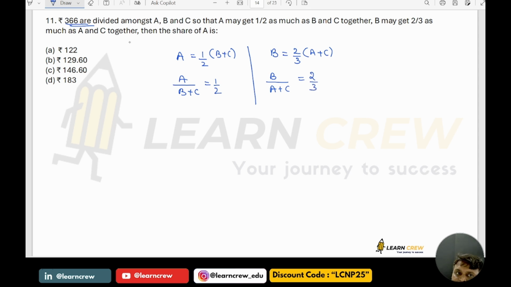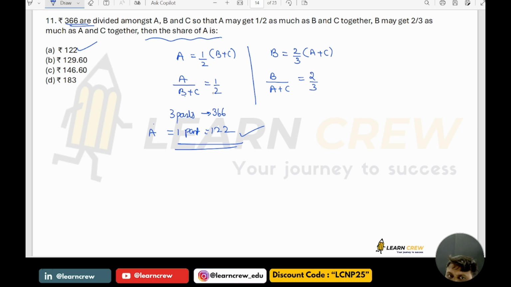Now, please see, total 3 parts: A, B, C. Here 366. Here A is 1 part. A 1 part would be how much? 122. Now find the share of A. The share of A is 122.